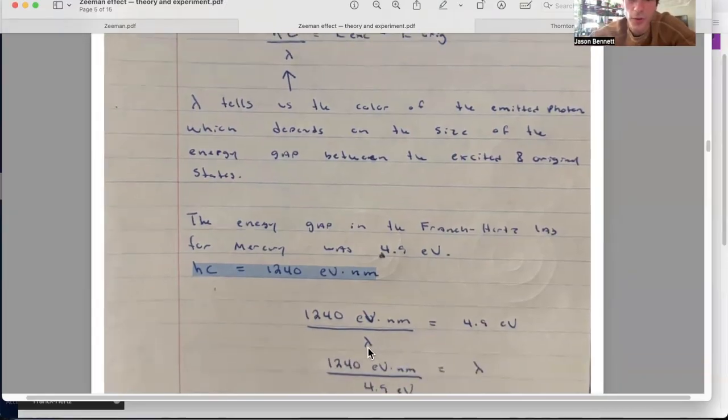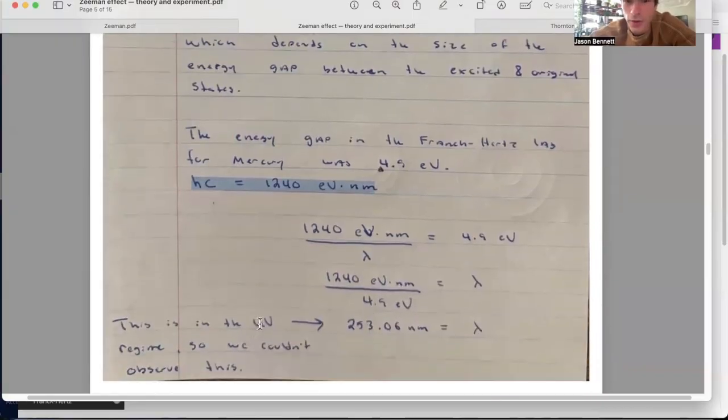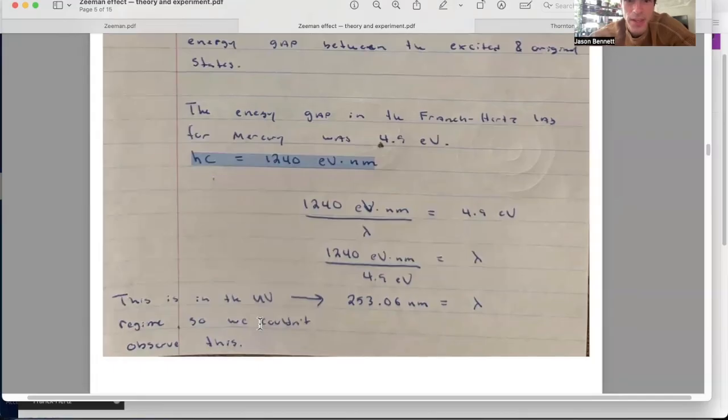If we solve for the wavelength in this situation, it ends up being in the UV range. So we did not observe that. You could stare at the heat oven and look at the mercury, and you would not see any lines in there.